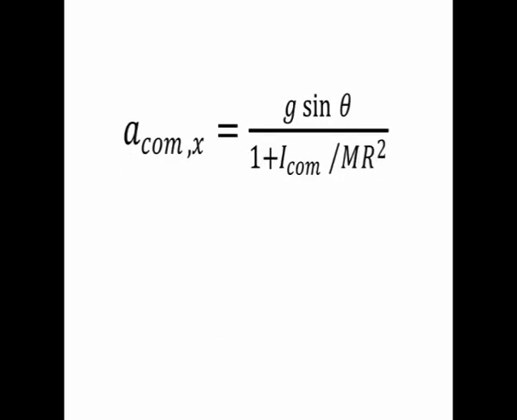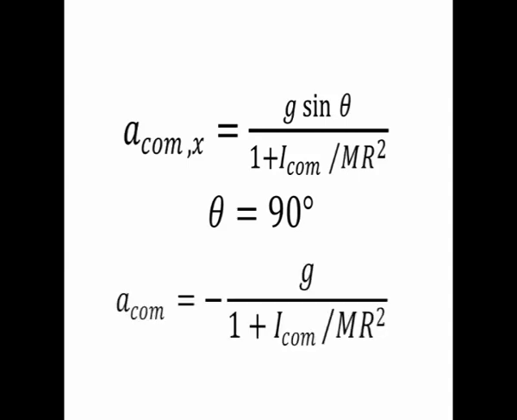The analysis would again lead us to the linear acceleration equation a_x equal to g sin theta upon 1 plus I divided by m r squared. Therefore, let us just change the notation in the equation and set theta equal to 90 degrees to write the linear acceleration as a equal to minus g upon 1 plus I divided by m r squared.